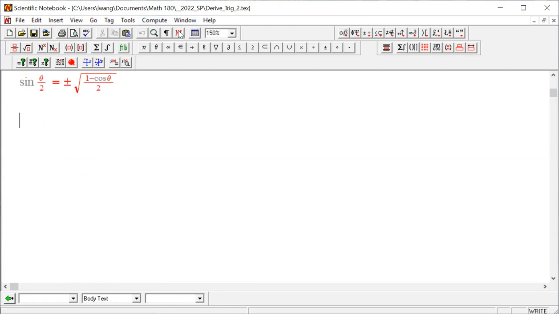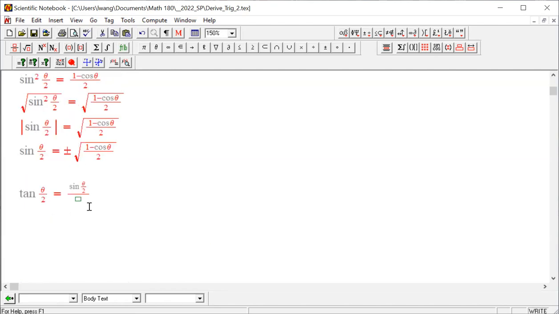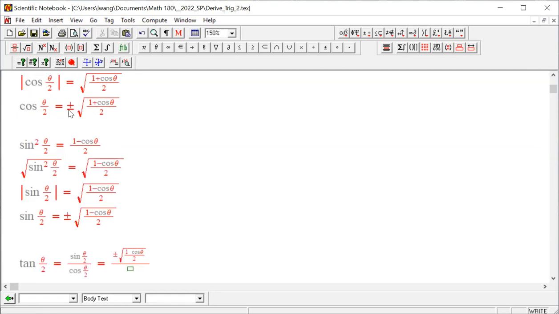Tangent theta over 2 equals sine theta over 2 divided by cosine theta over 2, and then we get these over that.